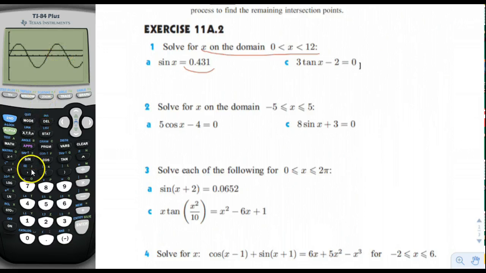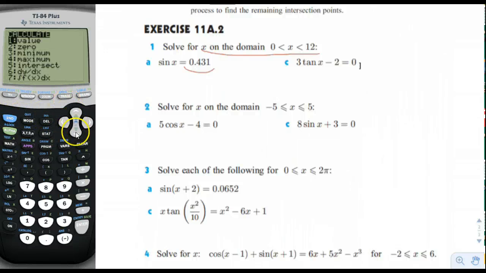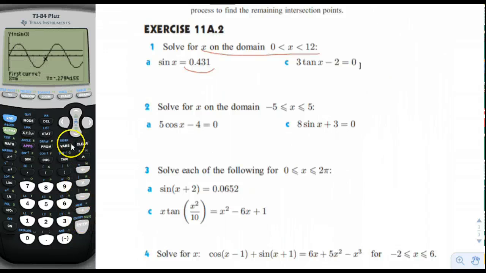So I'm just going to help you find the first one, and then you can find the rest of them. So first thing you're going to do is a second calc intersect. And then you're going to say, oh, okay. The first curve is a sine wave, and you say yes. And then it says the second curve is the function y equals 0.431, and then you say yes. And then it says, what's your guess?